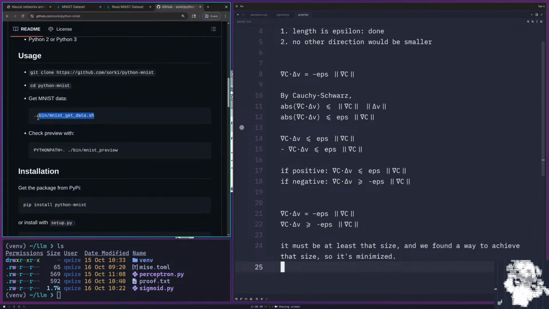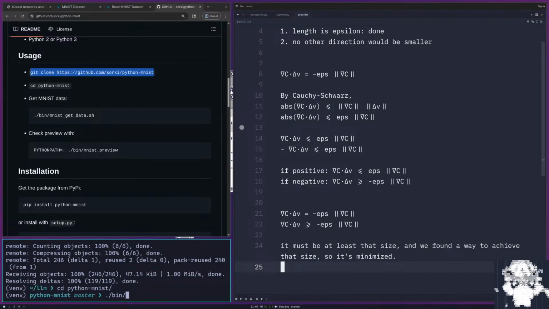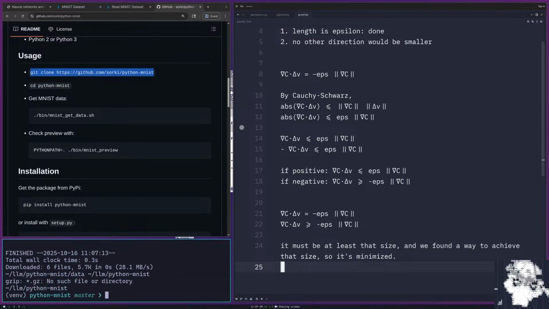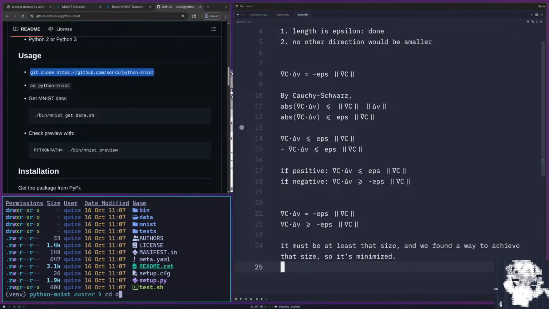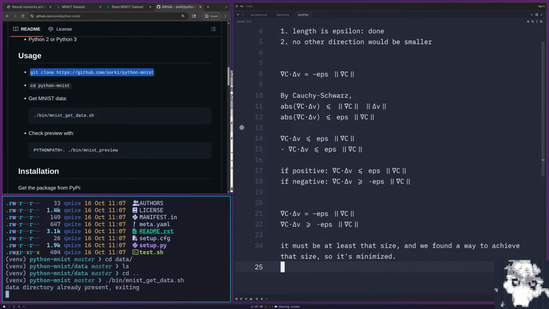Is that just to run these scripts? Okay, sure. Git clone this, cd this, bin mnist get data. That did not work. Data, empty. Okay, what was the problem?